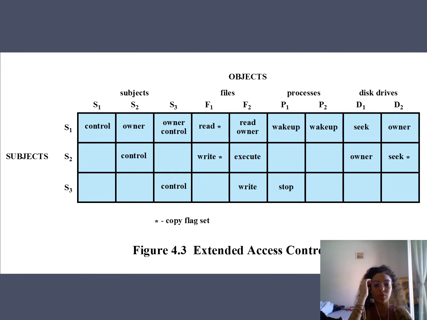So in this section, we are presented a general model for DAC. The model assumes a set of subjects, which are over here, and a set of objects, which will be here. We have a set of rules that govern the access of subjects to objects.